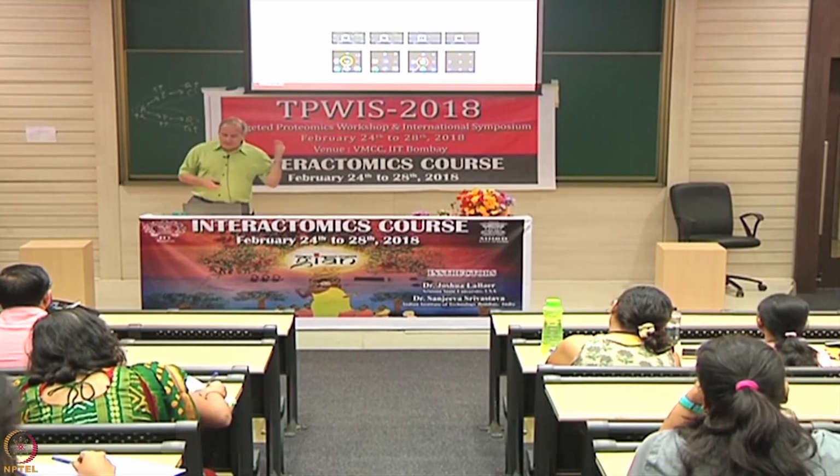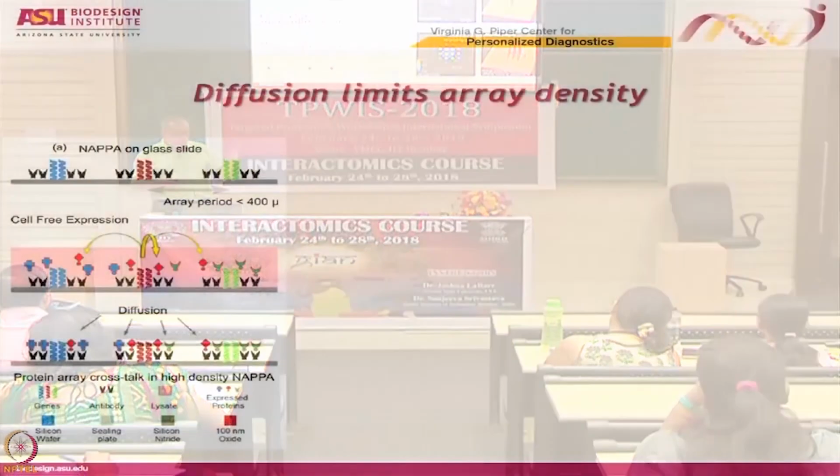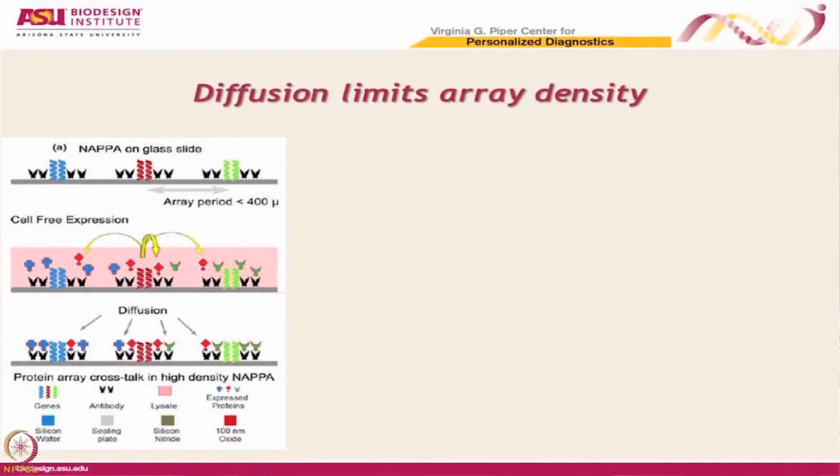Okay. All right. So we talked about this a little bit earlier in the course. A couple people asked the question about protein diffusion. And so what do I mean by protein diffusion? Well, here are 3 spots on the array, kind of in a cartoon. And here you see the DNA for each of these genes.